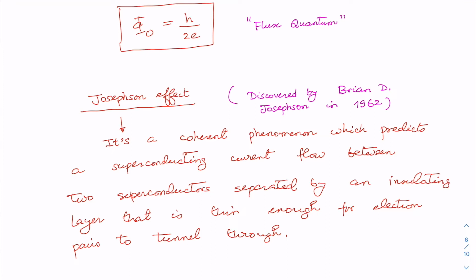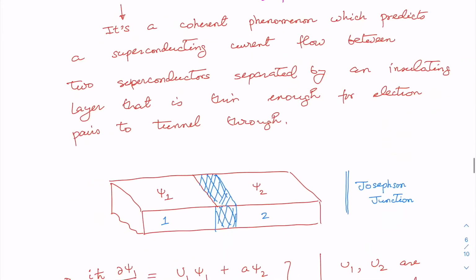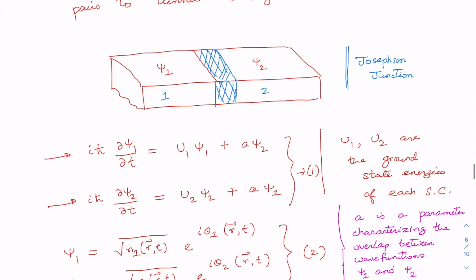It predicts a superconducting current flow between two superconductors separated by a very thin insulating layer. We then tried to discuss this effect very simply by using a very simple model based on the Schrodinger equation.